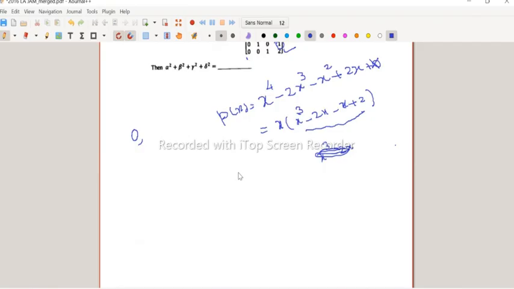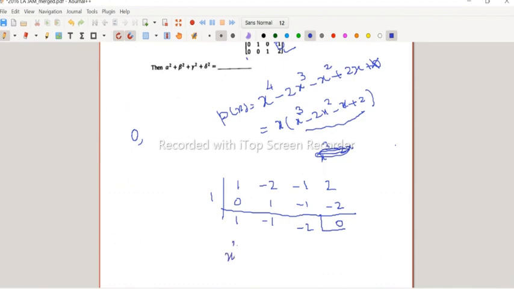Now the synthetic division: the coefficients are 1, minus 2, minus 1, 2. Now we guess that 1 is a root of this cubic polynomial. 1 into 1 is 1. Sum these two, we get minus 1. 1 into minus 1 is minus 1. Minus 1 minus 1 is minus 2. 1 into minus 2 is minus 2. Sum is 0. Therefore, we get the quadratic polynomial x square minus x minus 2.